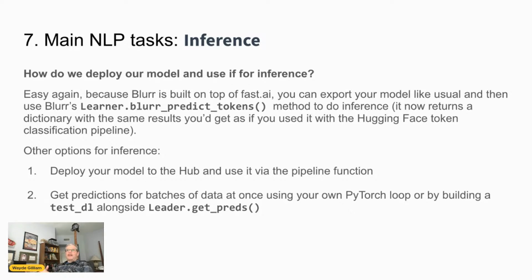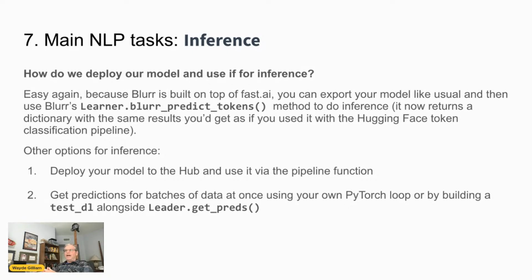But I also want to mention there are other options. You could deploy your trained model, because at the end of the day, the model that you're training is just any regular old transformer model. You can push that to the hub and then use it in the pipeline function yourself. That's an option.